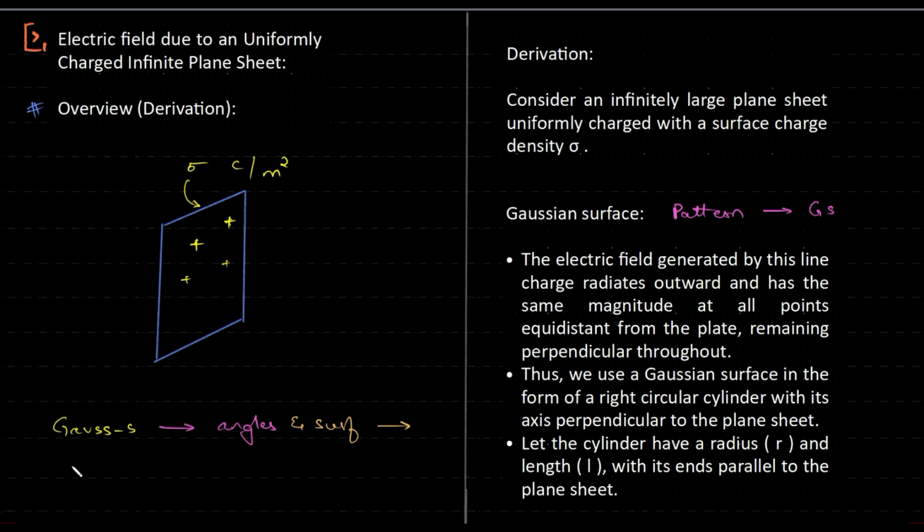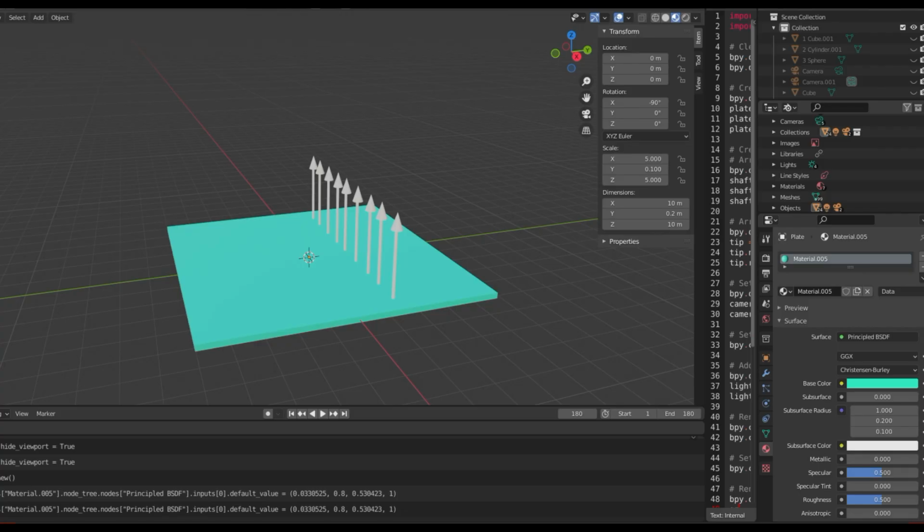Then we will look at the flux. Once we get an expression for flux, we'll equate it to this particular expression, and then we'll find the electrical field and some conclusion. That's the funda.